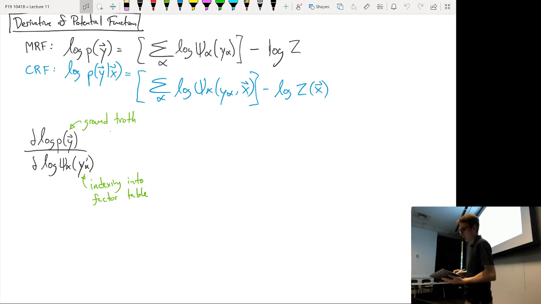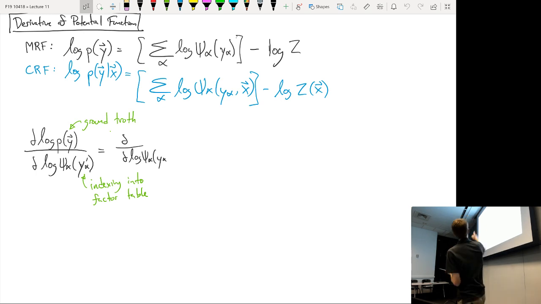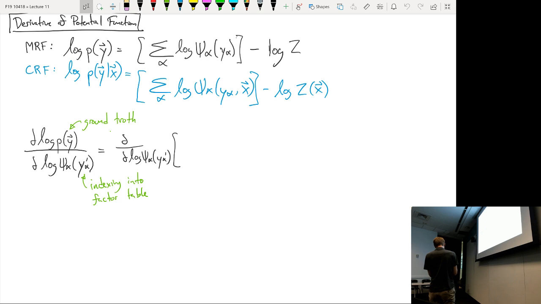Okay, so what do we do here? Well, the first thing we're going to do is we want the partial derivative with respect to log of psi alpha of y alpha prime of our MRF likelihood. So this is going to be a sum over alphas. Oh, and let's actually be a little more careful here. We're going to want a sum over, say, factors beta, right? Because we've already let alpha refer to one of the specific factors that we're taking a derivative with respect to.